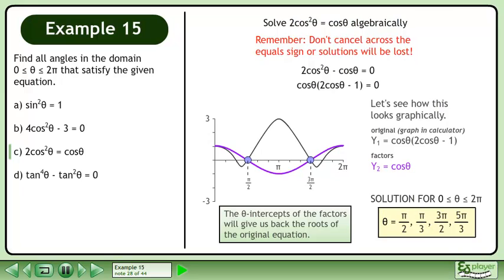Now graph y2 equals cos theta. This gives us the roots pi over 2 and 3 pi over 2. And finally, graph y3 equals 2 cos theta minus 1. This gives us the roots pi over 3 and 5 pi over 3.